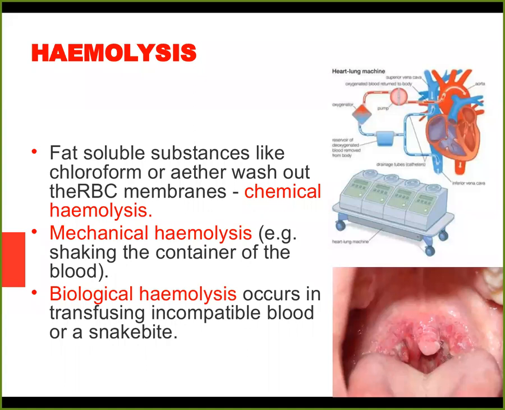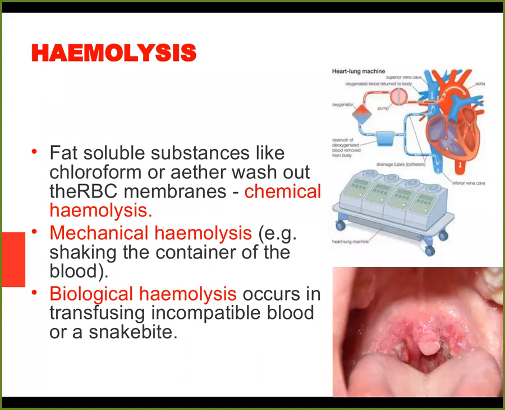For example, when performing an operation on the heart, and blood circulates not through the heart but through some artificial devices in tubes, mechanical contact with this device leads to destruction of red blood cells, leads to mechanical hemolysis.